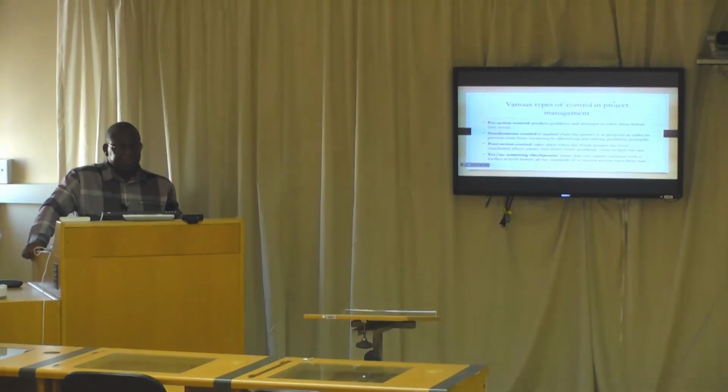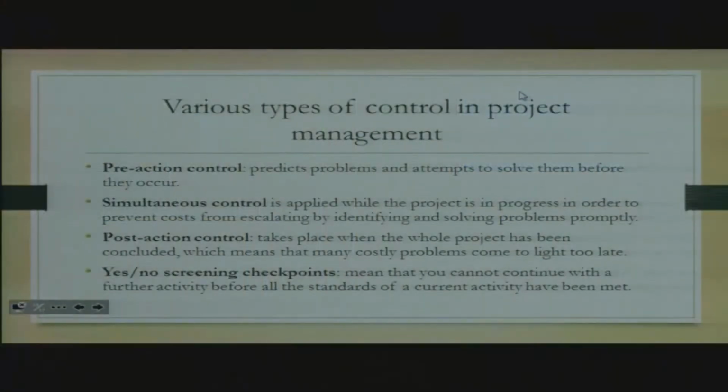Then lastly, you have yes-no screening checkpoints, which we mentioned before, the time we explained the milestones, meaning that you cannot continue with further activity before all the standards of a current activity have been met. Like when you are building a house, you dig those trenches.